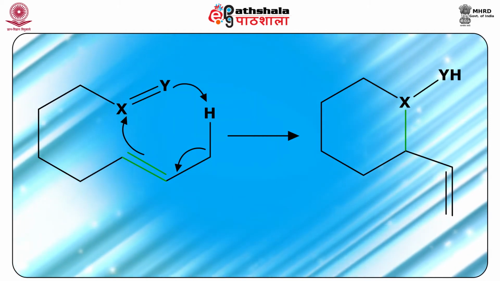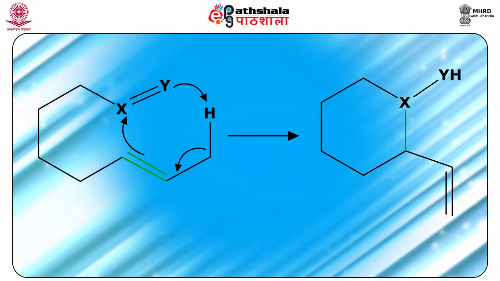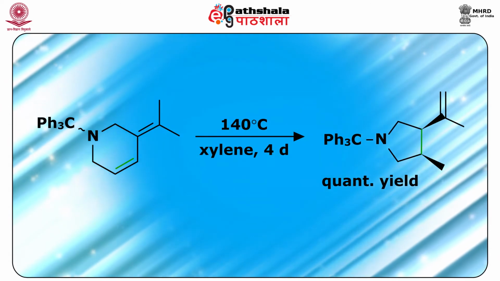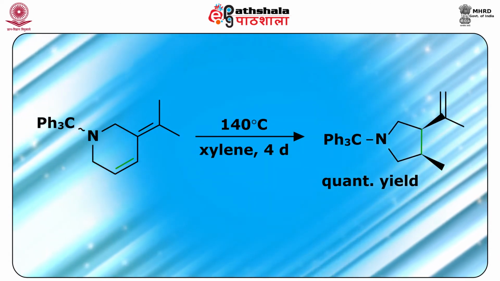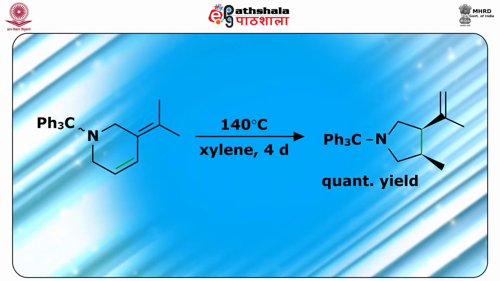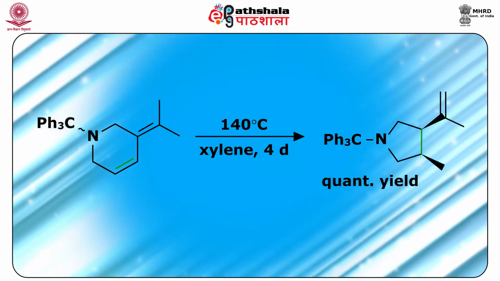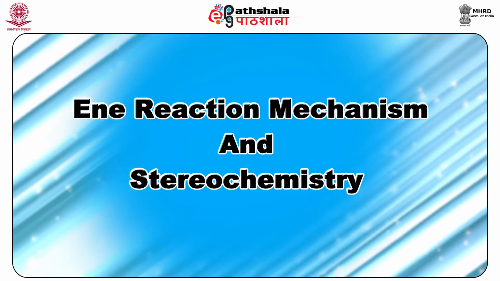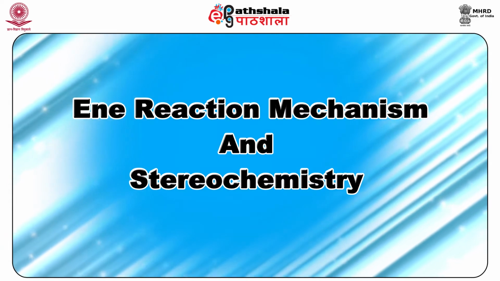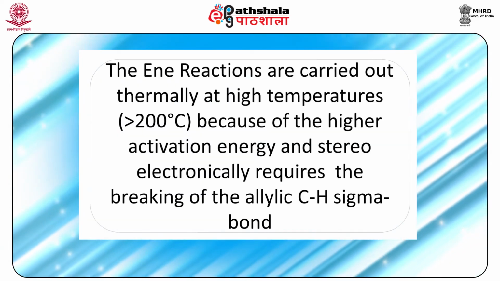These reactions also lead to cyclization in the product, as you can see in the reaction. Another example of cyclization through ene reaction is as follows, where the reaction is carried out at 140 degrees Celsius using xylene. Next, let us have a look at the ene reaction mechanism and stereochemistry.